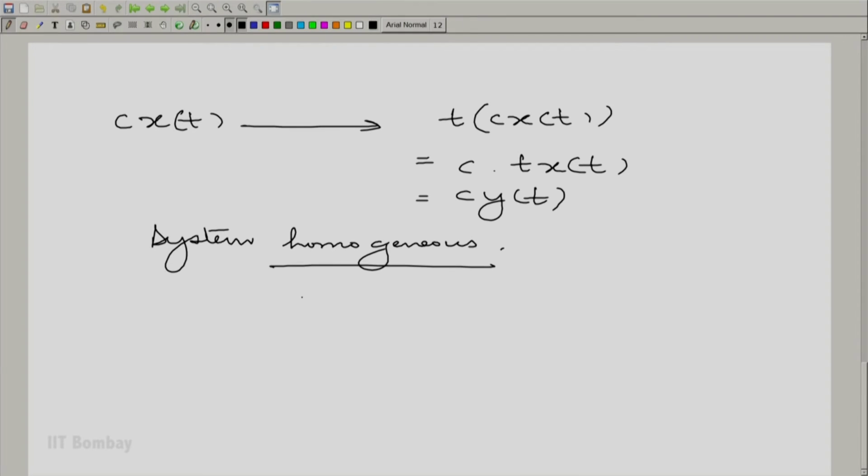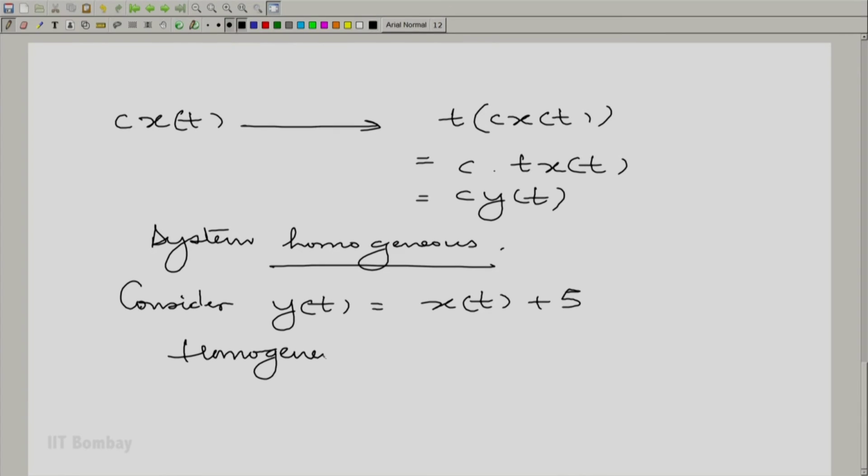Before we go to that property, as I said, let us complete the last example that we had as far as additivity was concerned. Namely, consider the system y(t) is x(t) plus 5 and ask, is this system homogeneous? Now, apply Cx(t) to the system and you can see the output is going to be Cx(t) plus 5.